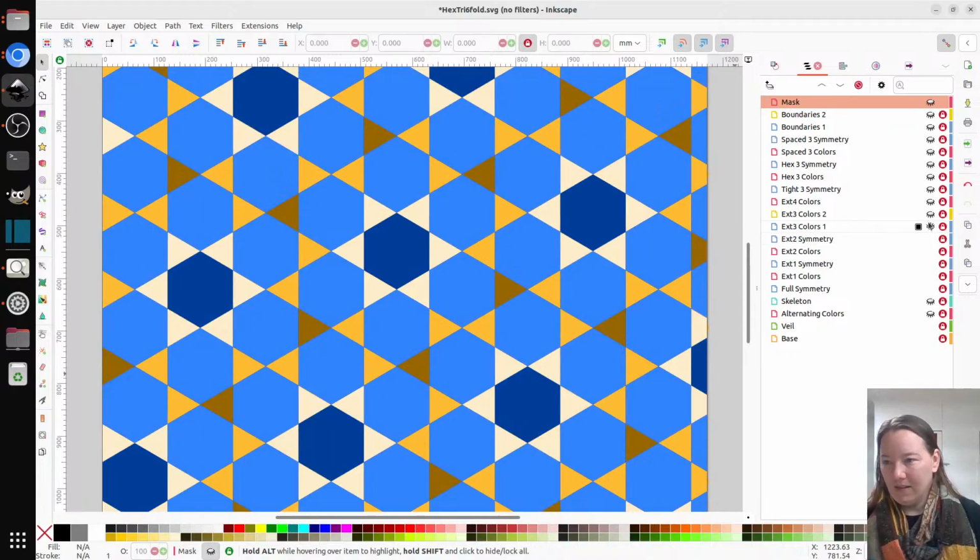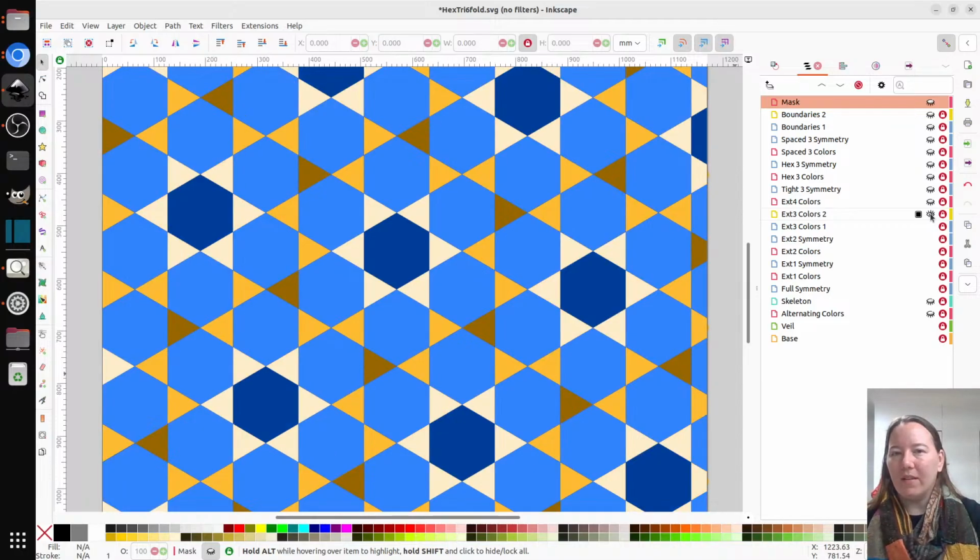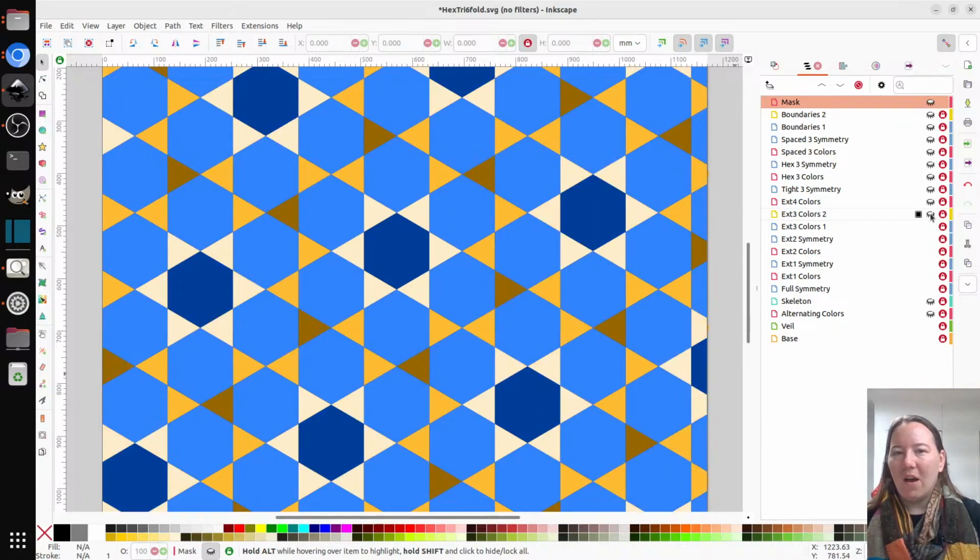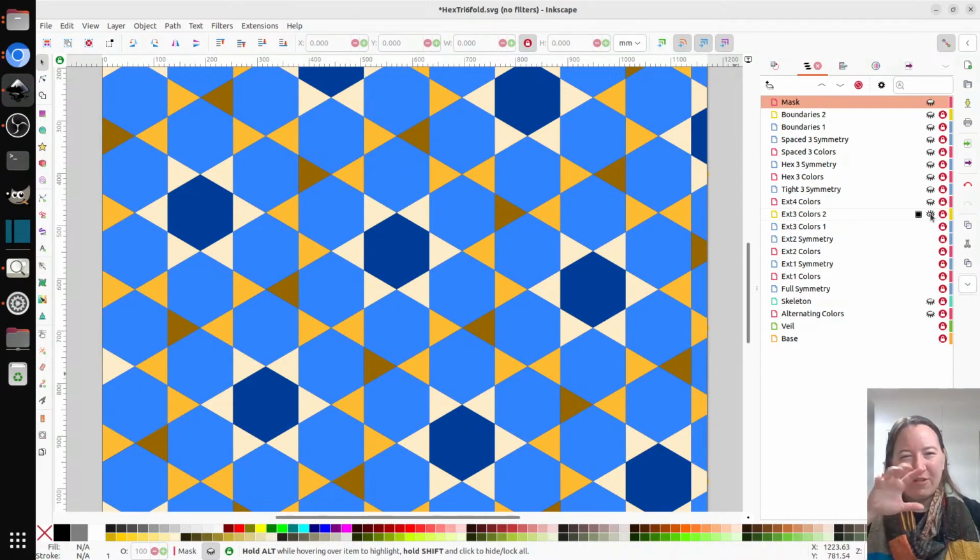Another different coloring, and I didn't include the symmetry points for this one, but you can see there's 2 different colorings of the same spacing. It's just different arrangements of the same thing.